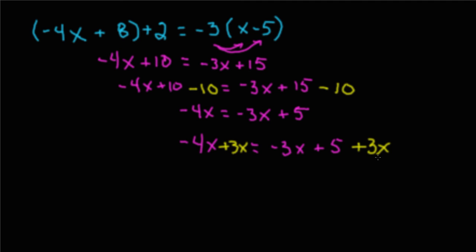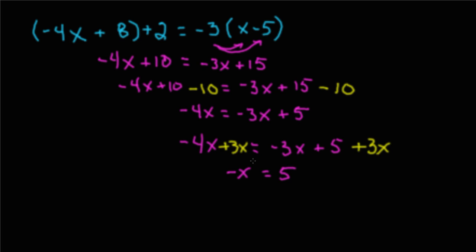As long as we do the same thing to both sides of the equation, we can do that. So negative 4x plus 3x gives us a negative x. And then negative 3x plus positive 3x gives us 0, plus 5 gives us 5.